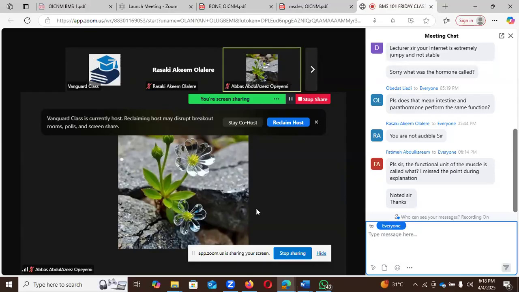And parathormone helps to mobilize calcium and phosphorus from bone, so that there will be increased blood level of calcium and phosphorus. So they have a similar function. So you are right. Intestine and parathormone may be performing similar function in the sense that they increase the blood level of calcium and phosphorus.